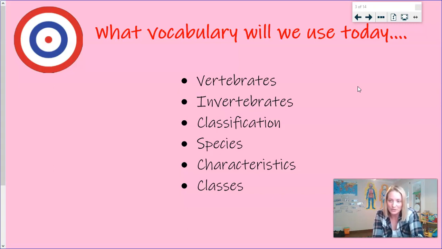If you don't, then it may be at home when this is all finished, you could take some time in the next couple of weeks to create yourself a scientific dictionary, listing all the terms and new words that you're learning in my lessons. So here are the ones we're going to be working with today: vertebrates, invertebrates, classification, species, characteristics, and classes. And I don't mean classes as in where you have your lessons.